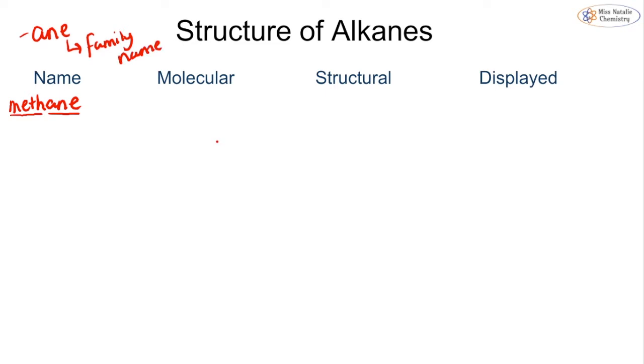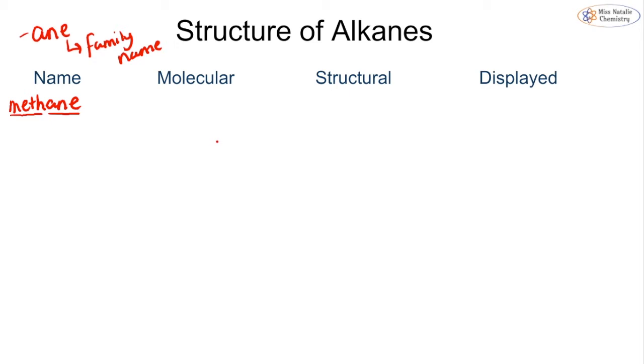So every single member of the alkanes will end in ane. That is their family name. And the bit at the start, in this case meth, tells us how many carbons it has. And if it has meth, it means 1 carbon. And we will see as we go through that that part will change, and that tells us how many carbons are in each of our alkanes.